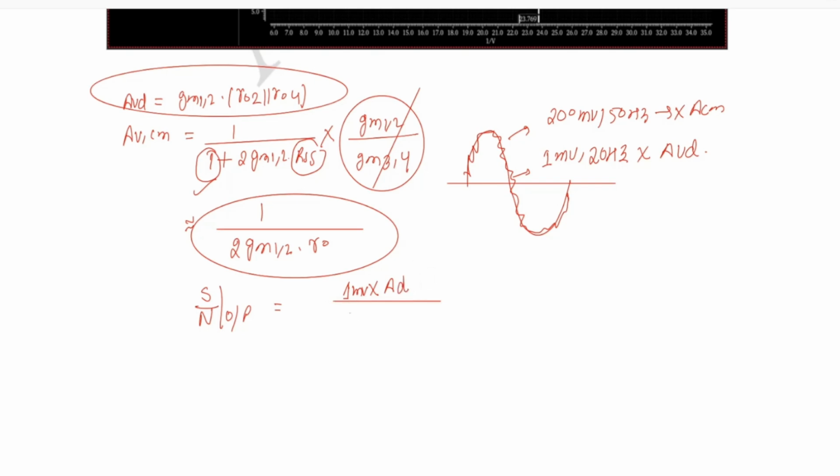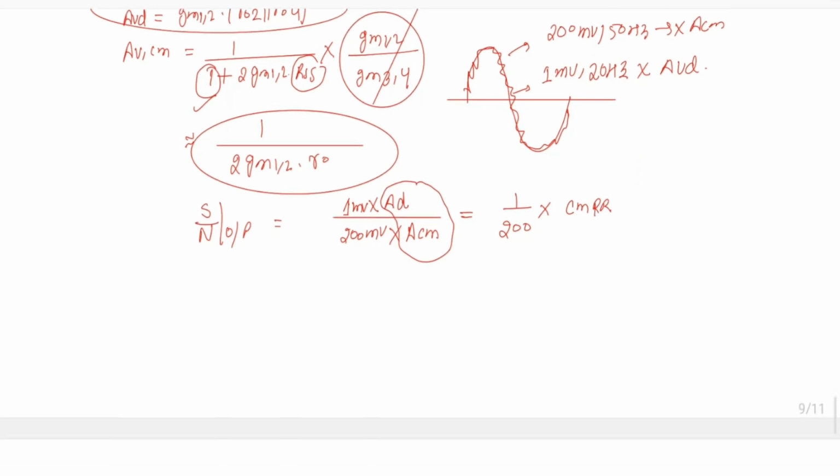And our noise is 200 millivolt, and that will be multiplied by our common mode gain. So our signal is getting magnified by differential gain, and our noise is getting amplified by the common mode gain. So this is 1 by 200, and what is this? This is AD by ACM. This is nothing but CMRR.